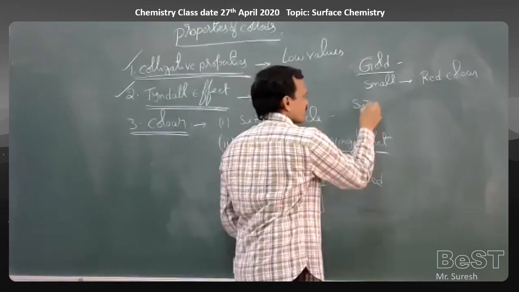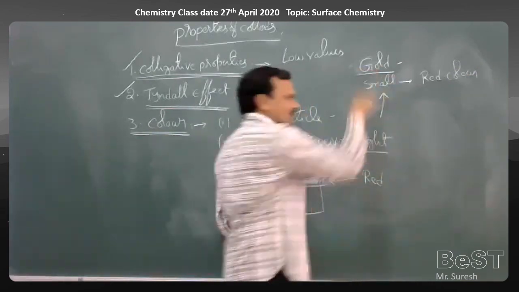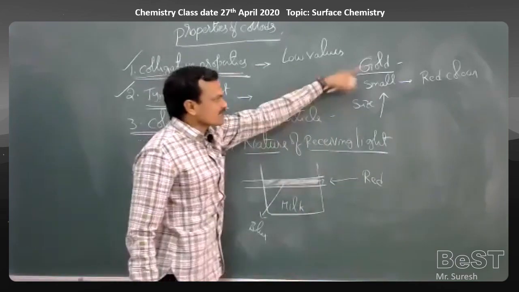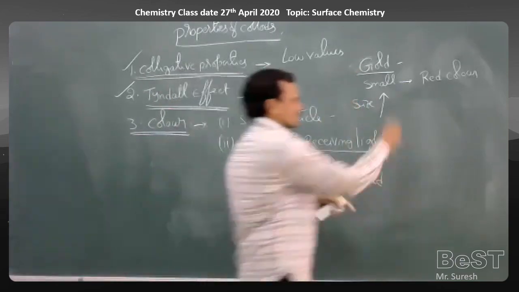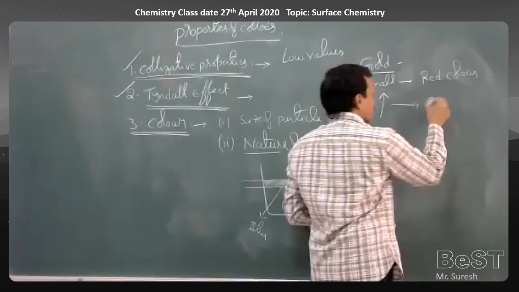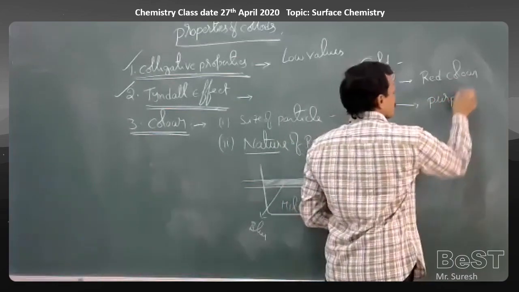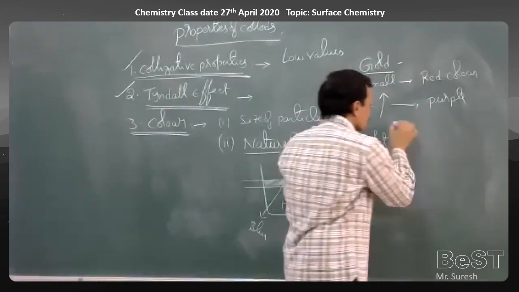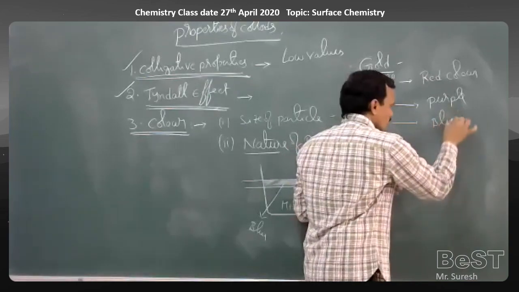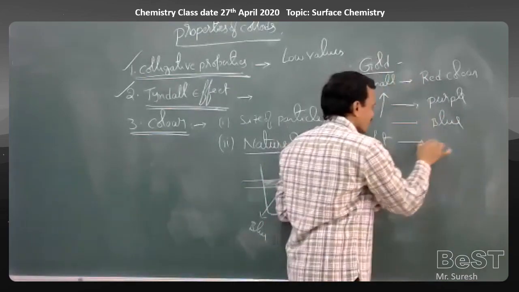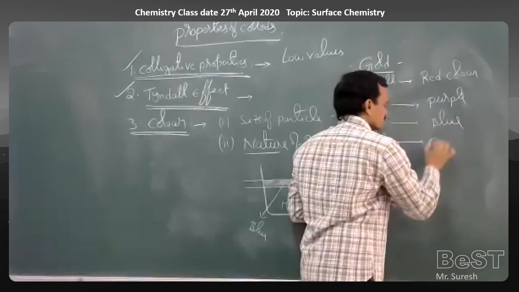As the size of the gold particles increases, the color changes to purple. Still if increased, then the color changes to blue. Still increased, it appears as golden yellow.